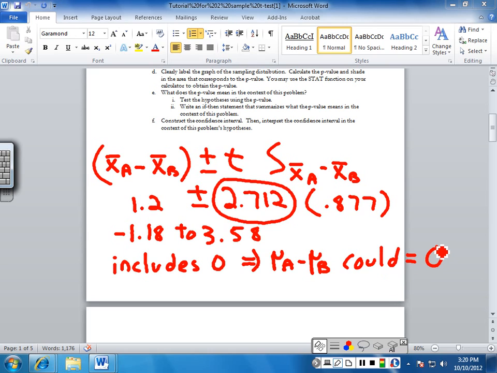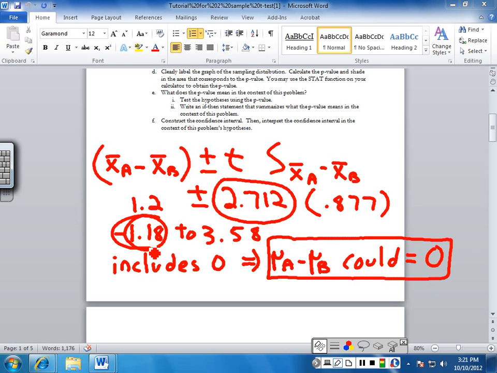Now I think this is a good place to say, when we fail to reject H0, we can only conclude that H0 could be true, in this case that mu A minus mu B could be 0, because obviously it could be minus 1.18. Could be 3.58 or anything in between there. So it could be 0 because 0 is in the interval, but obviously it could be other numbers as well. It could be, by our reckoning, somewhere between minus 1.18 and 3.58.